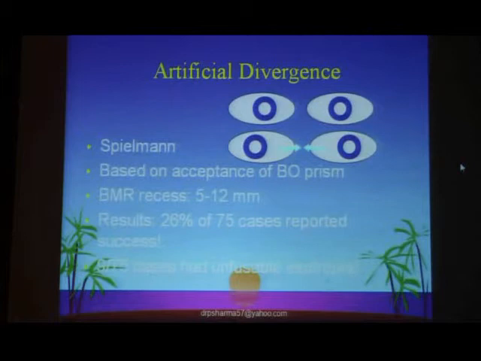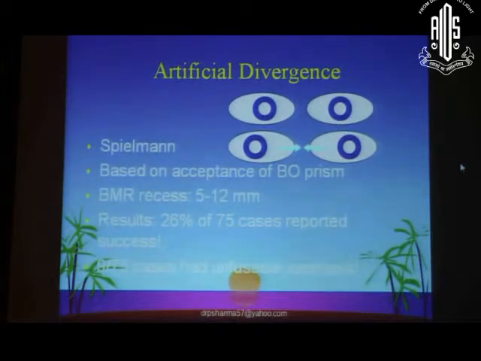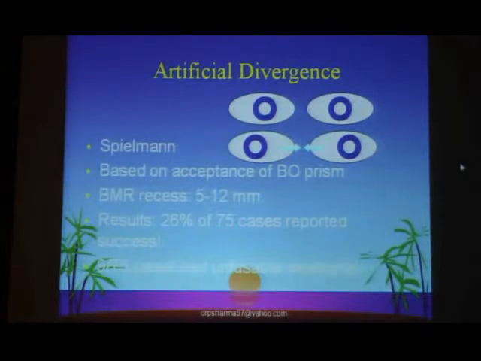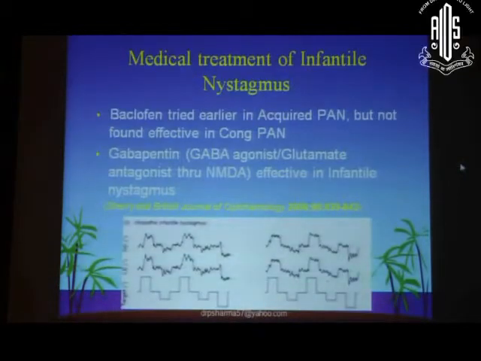You can try it, or you do a bimedial recession of 5 to 12 mm as has been reported by Spielmann. But unfortunately, if you see the results of the 75 cases which have been reported, there was a success of 26% only, and 9 out of the 75 cases had unfusible exotropia. So you have to be very much aware of this possibility.